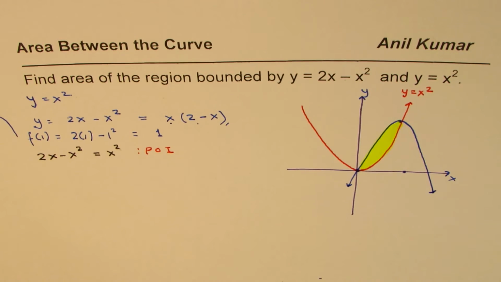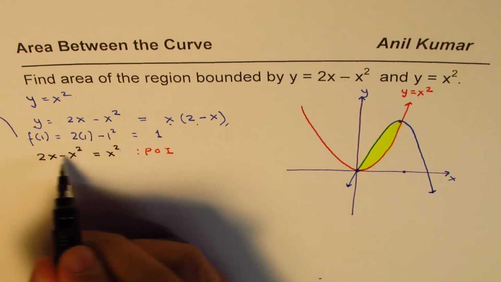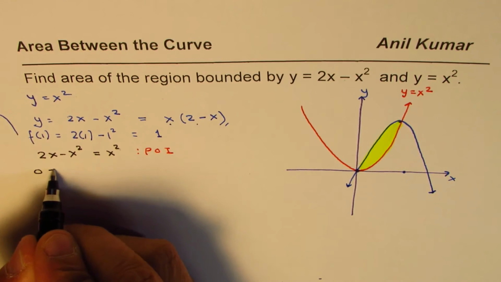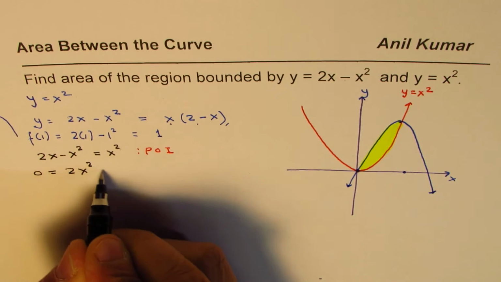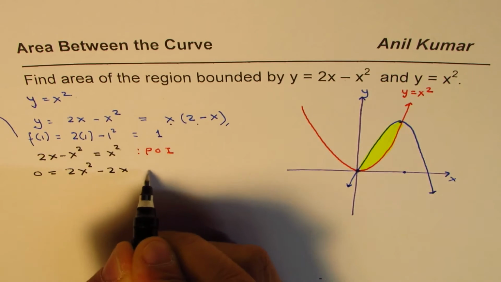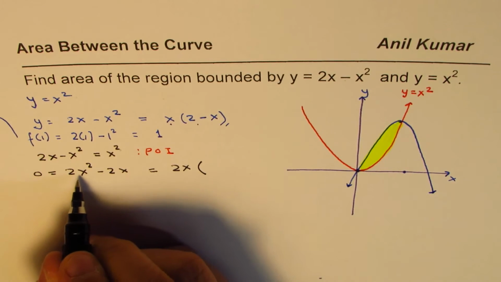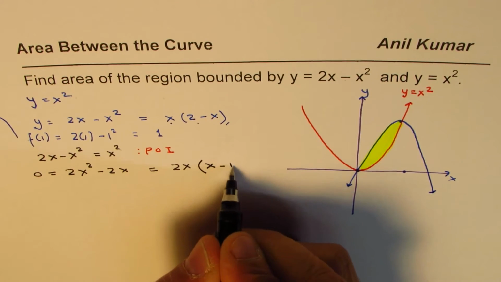So we are finding the points of intersection between these two graphs. Bringing that to this side, we get 0 equals 2x squared minus 2x. We can take 2x common, and in that case we get 2x times x minus 1.